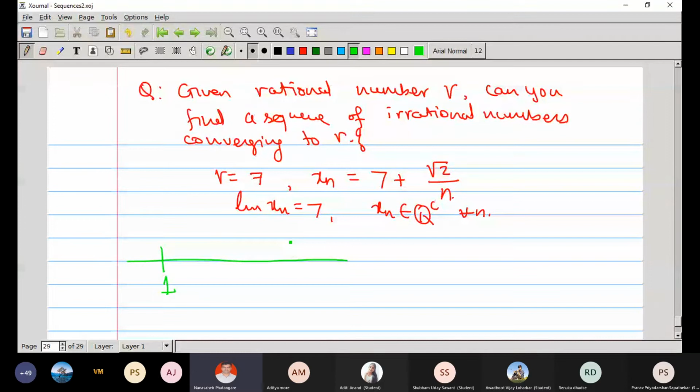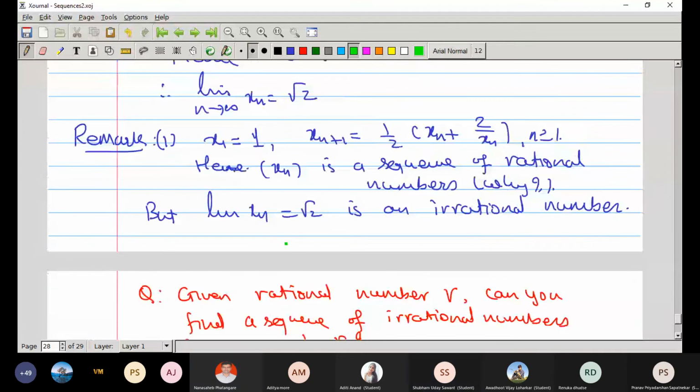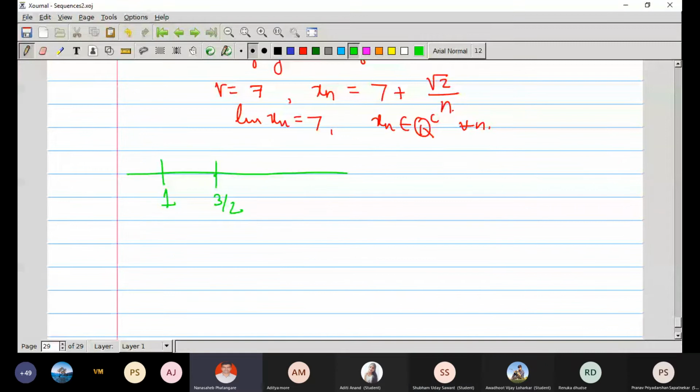If you go back, the second term was 3 by 2. And then we know that the terms are decreasing. The third term is somewhere here and so on. But ultimately root 2 is here. And our sequence was decreasing, so it will go to root 2.